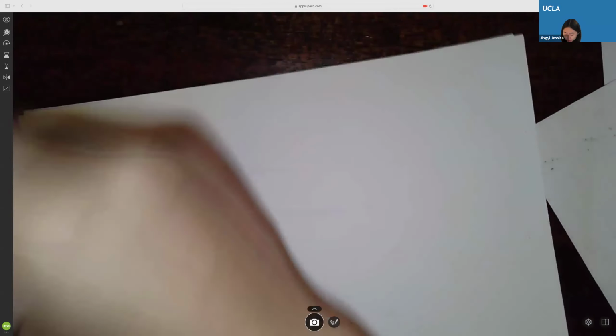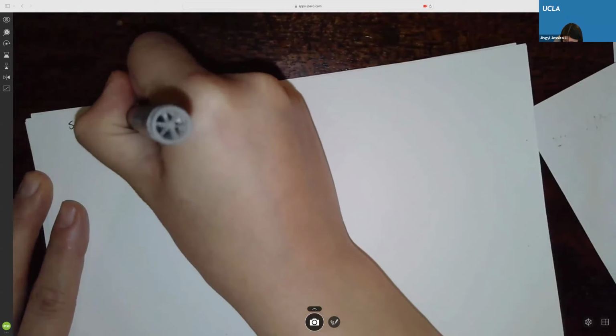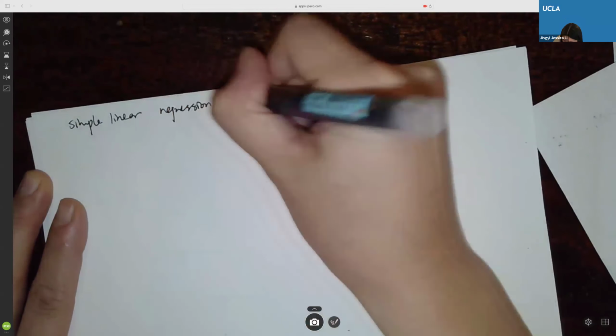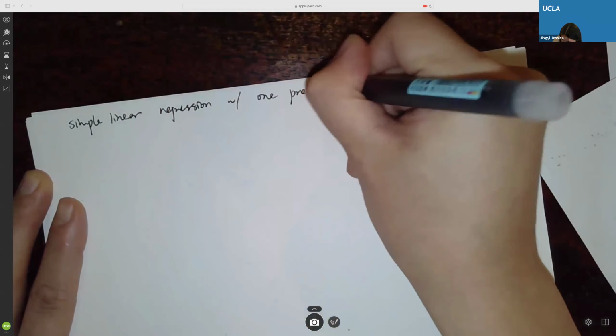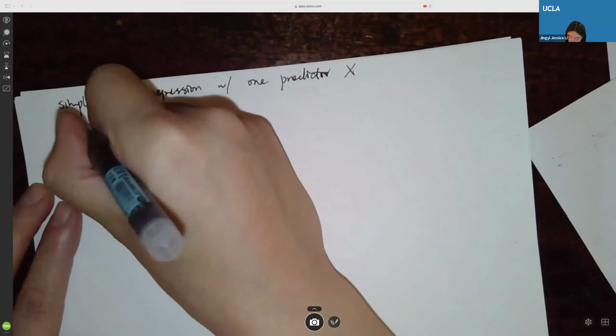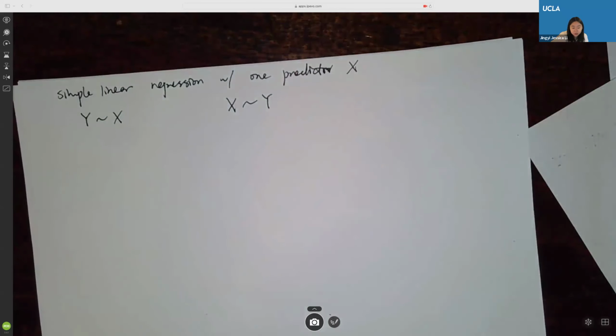So for the simple linear regression scenario with one predictor, X, we can consider two ways, Y on X, X on Y. So one thing we can say is that they are not identical in terms of the parameter estimate.